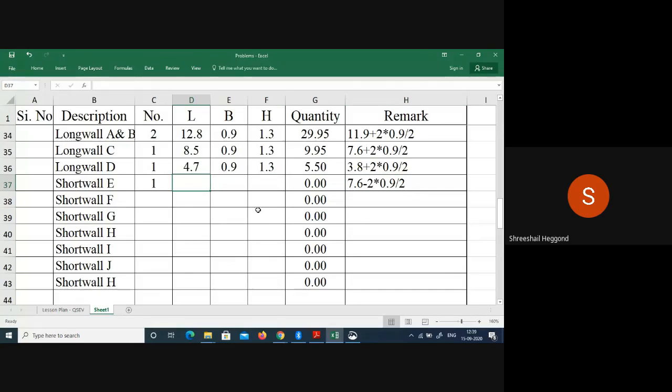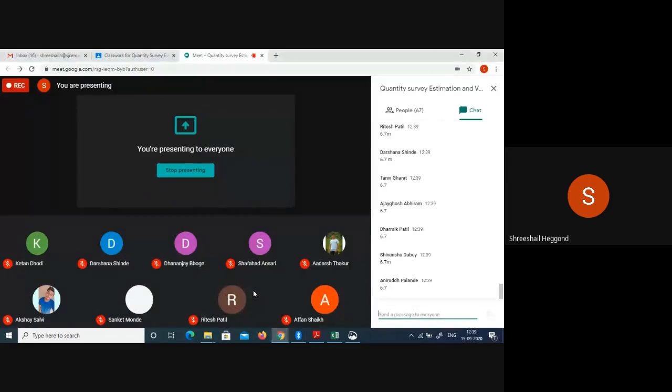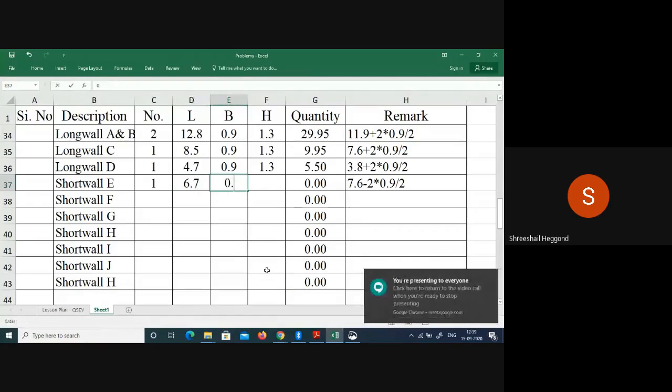That will be of 7.6 minus 0.9 will be 6.7. You are getting the same answer. Therefore, breadth is of 0.9, height is of 1.3, quantity will be 7.84.